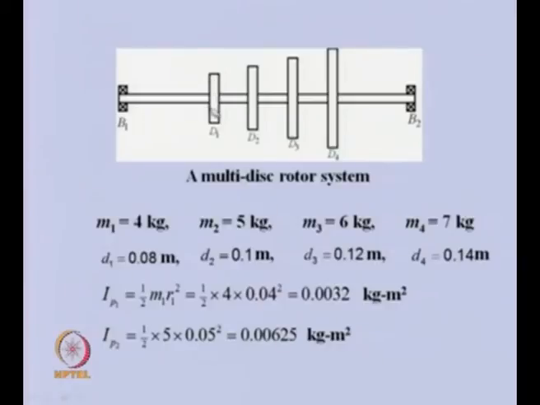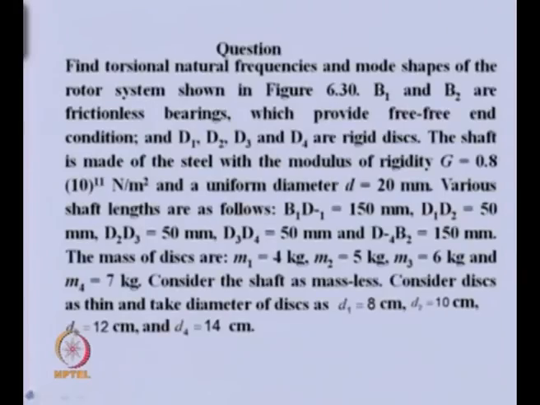You can see we have 4 discs, they are connected by a uniform shaft, and the shaft is supported at the ends by frictionless bearings, and there are various properties of these shafts. Let us see the various distances and various properties of the mass and size of the discs.